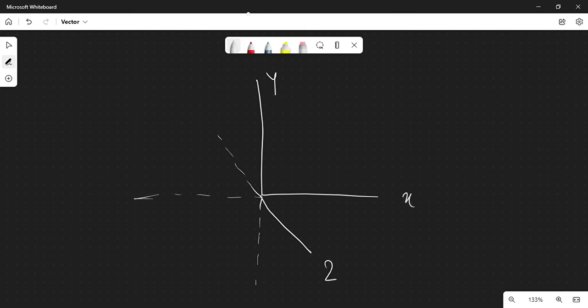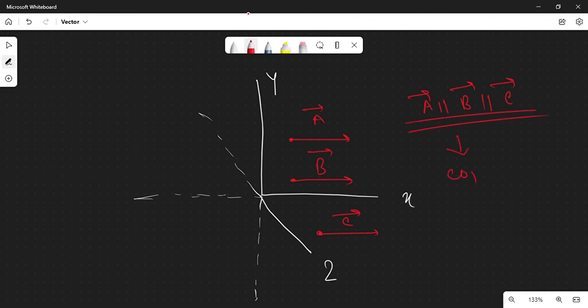Let's say vector A is here, another vector here is vector B, another vector here is vector C. Only if vector A is parallel to vector B, parallel to vector C, these will be coplanar, or you can say collinear.